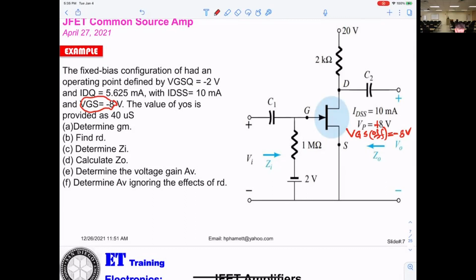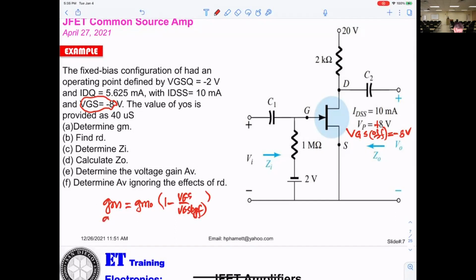You want GM, right? GM equals GM0 times that, so you need to figure GM0 first.